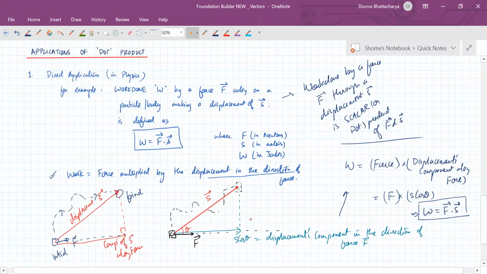Now from trigonometry, you can see this angle is 90 degrees. So in this right angle triangle, this comes out to be s cos theta, because this side is s and this angle is theta. Is it clear now? Okay.